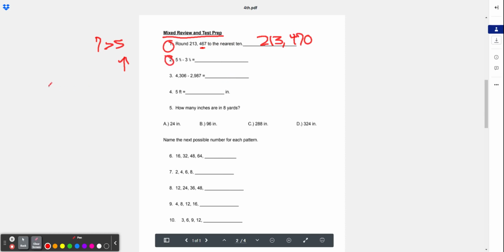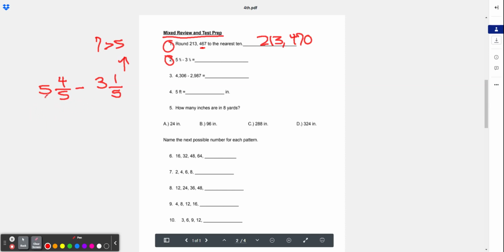Let's try 2. 5 and 4/5 minus 3 and 1/5. So when we're subtracting mixed numbers, we're going to subtract the whole numbers and subtract the fractions.